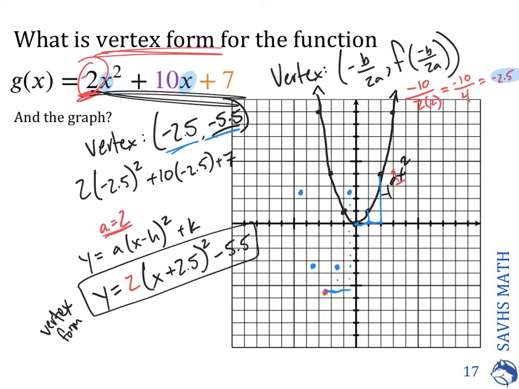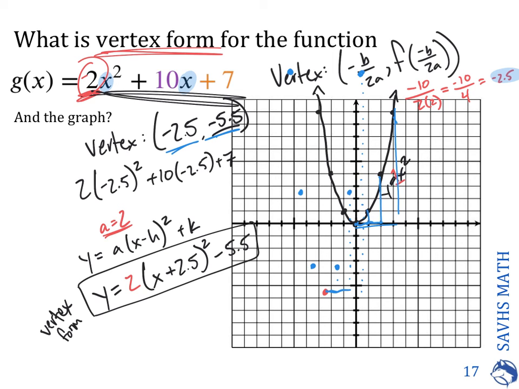Mirror it over there. The last one, normally I would go over 3 and up 9, but because my scale factor is 2, I go up 18. So go over 3, then up 1, 2, 3, up to 18. Right there-ish. And mirror it over here.